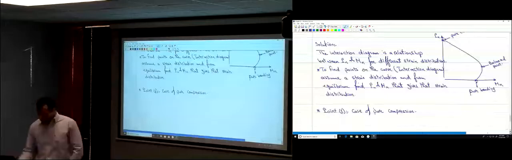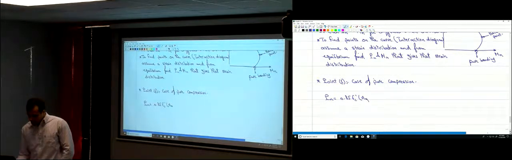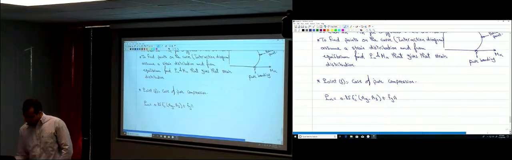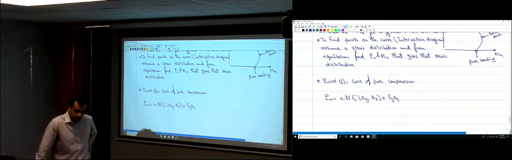Okay, so how to write this? The compression of the concrete is how much? 0.85 fc prime times area gross minus area steel, plus the compression force in the steel, which is fy times area steel. Why did you do it this way this time?